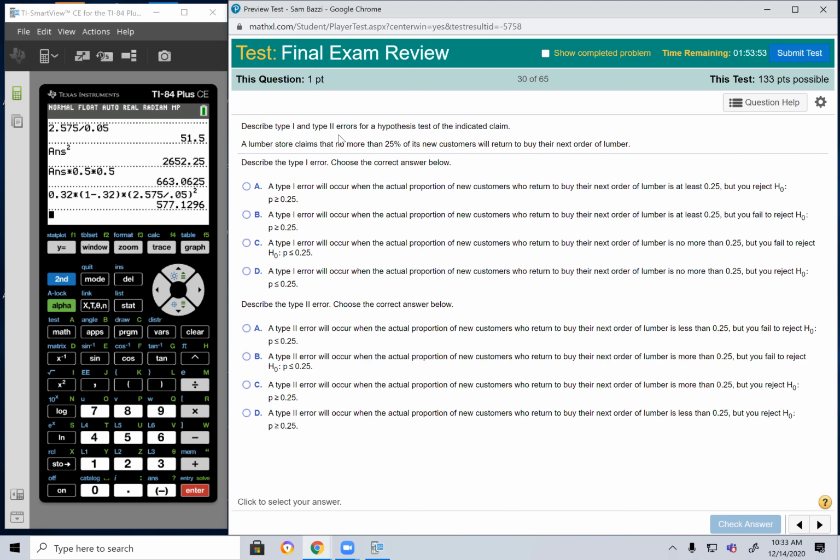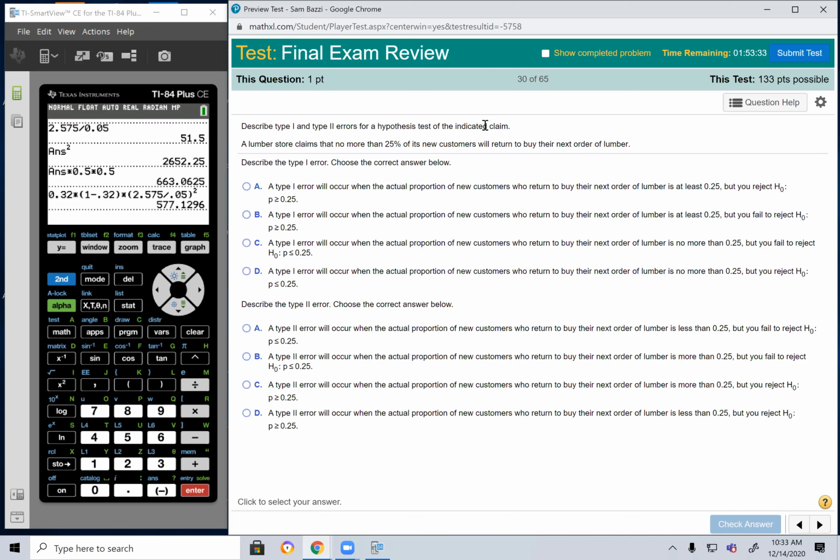Describe type 1 and type 2 errors for a hypothesis test. Type 1 error is when you reject the null hypothesis when it is actually true. So you're rejecting something that is true. That's a mistake. And type 2 error is when you fail to reject the null hypothesis when it is false.